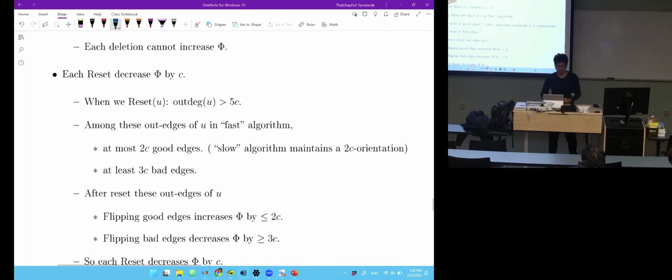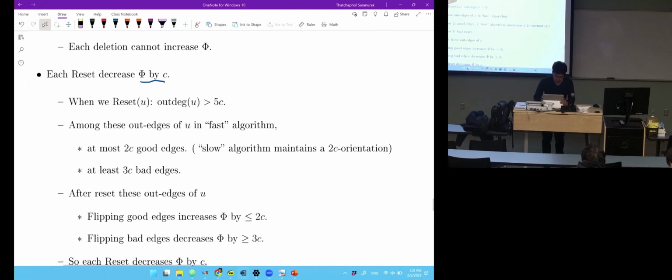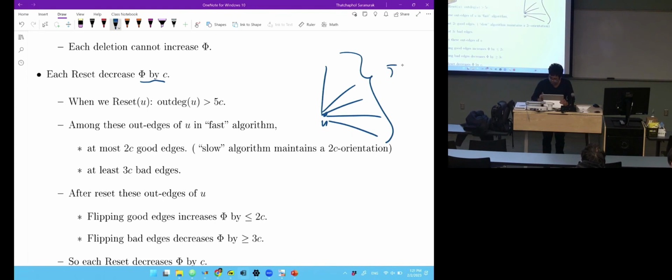But now I claim that for each reset, you will decrease the potential by C. And the reason is this. When you reset, you have a node U. Its out degree is like 5C. Now, how many of these edges are good? At most 2C.